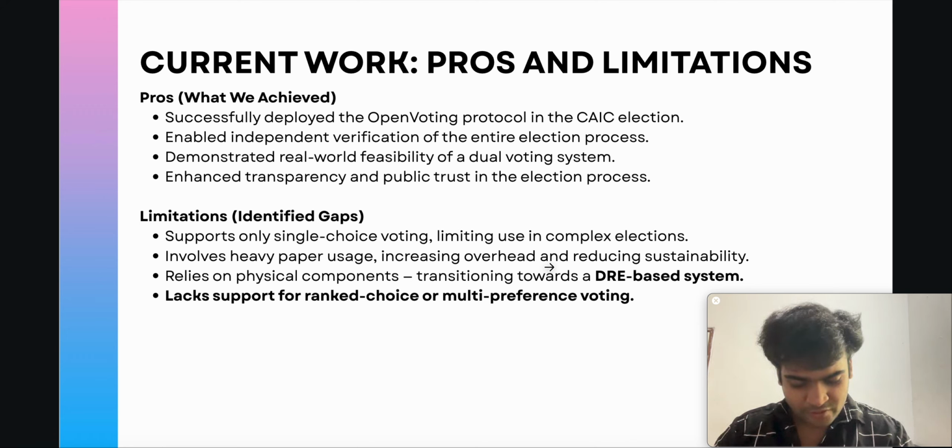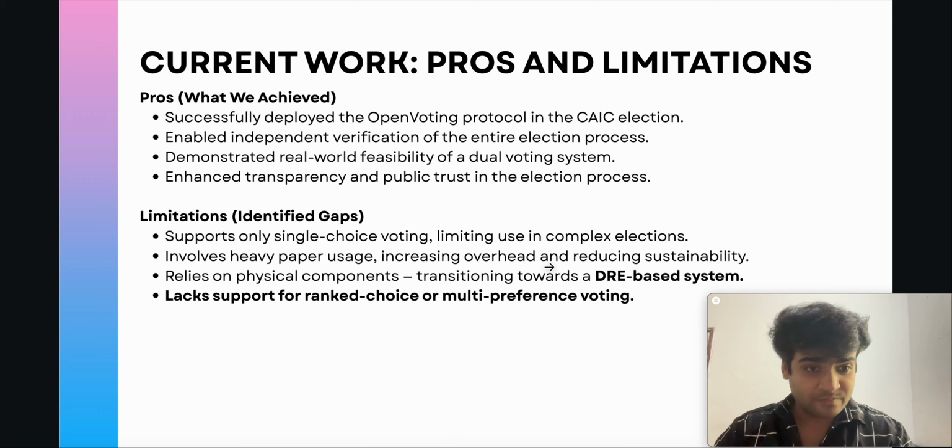Up till now we are dependent on the dual voting system in which paper and electronic machine both were involved. So from now on we will be developing a DRE system. A DRE is a direct recording electronic voting machine.